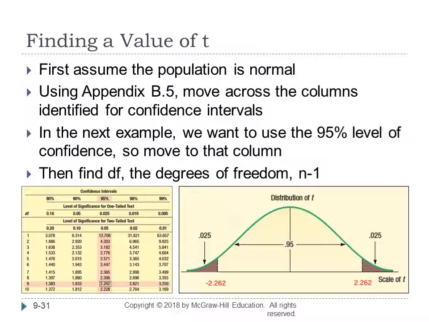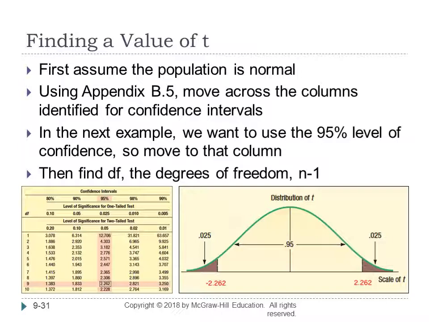Since this is a symmetrical distribution, half of it will be to the left of the t value, so it's 0.025 to the left of the negative value for t that will give you that confidence level, and the other 0.025 will be to the right of the positive value. The table gives you 2.262.